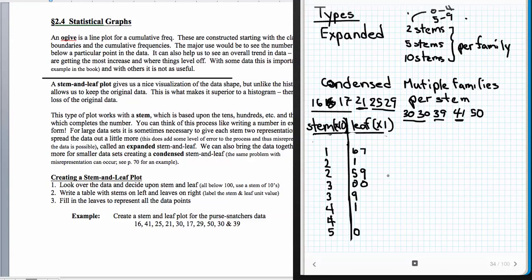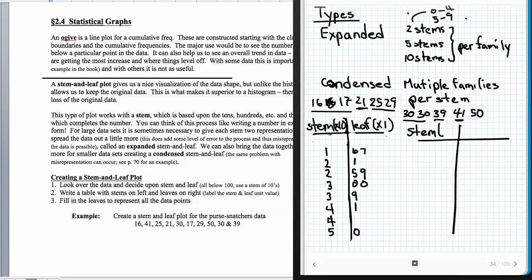Now the problem with expanded stem and leaf here is we have a really small amount of data, and so expanding it like this isn't showing us the shape of the data maybe as much as we would want it to. So I'm going to show you the regular stem and leaf for the purse snatcher data and how it would look. Now, of course, I would definitely want to give this a title, right?